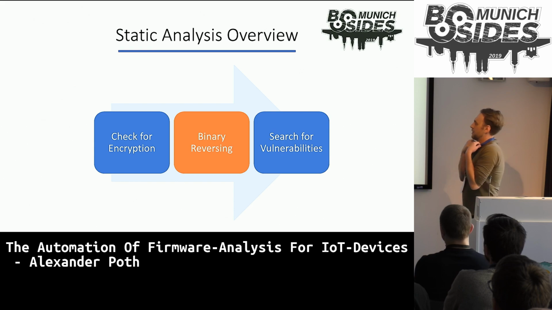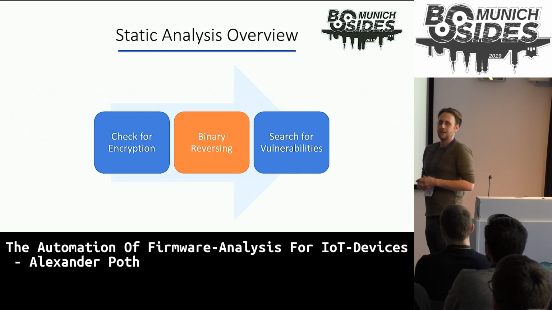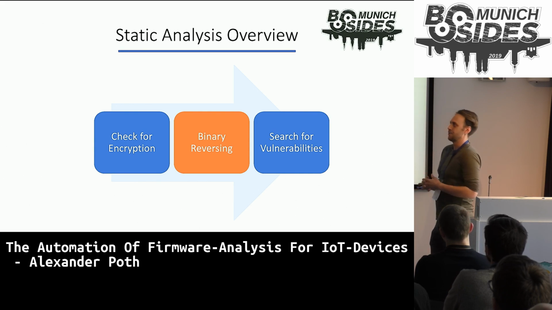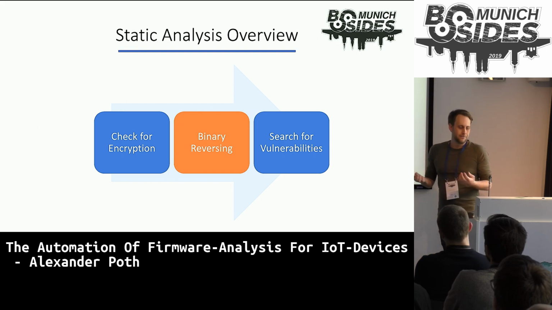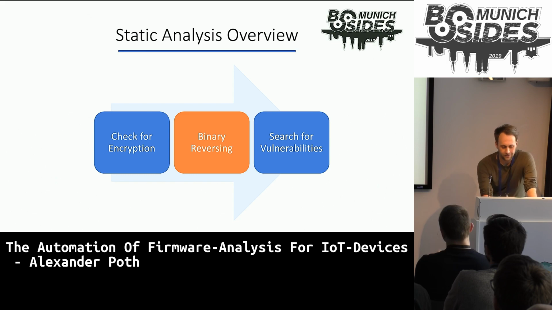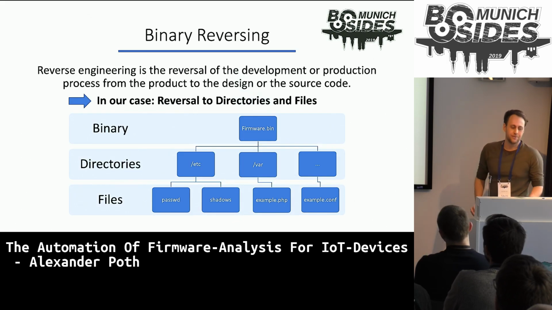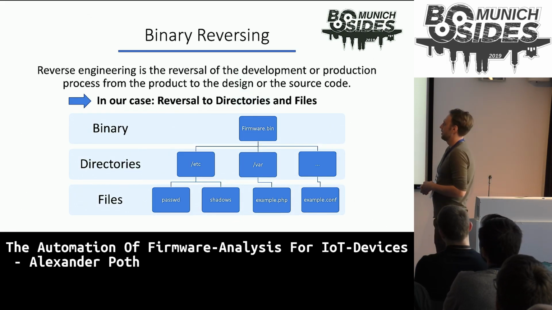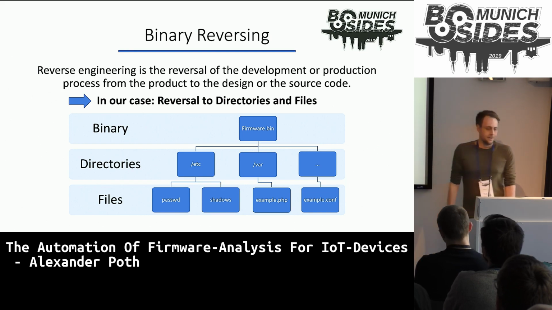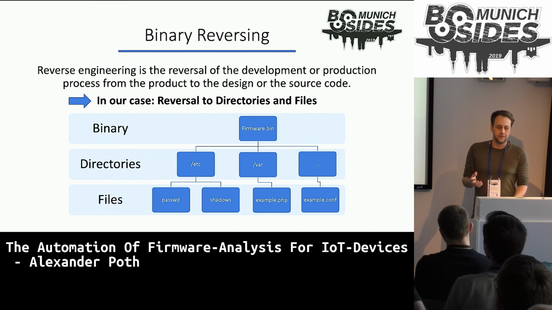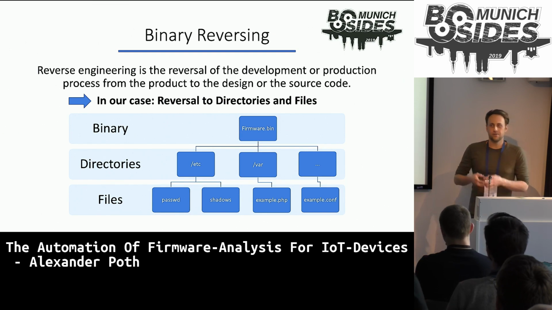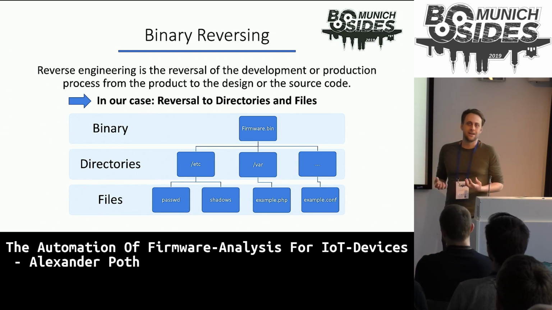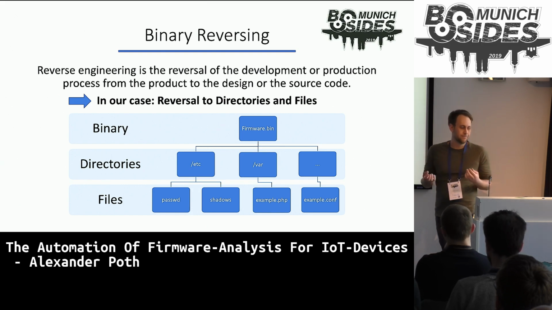So after we checked our binary for encryption and found out it's not encrypted, we can try to reverse any files out of our binary. Just for definition, reverse engineering is the reversal of the development or production process from the product to the design or the source code, but in our case, we just try to reverse Linux directories and Linux files out of our firmware image.